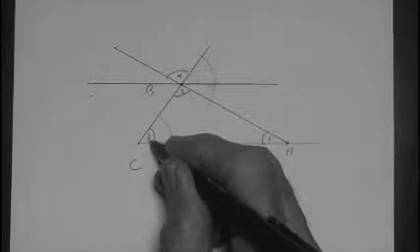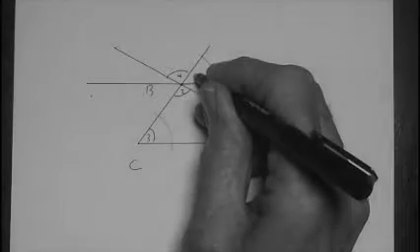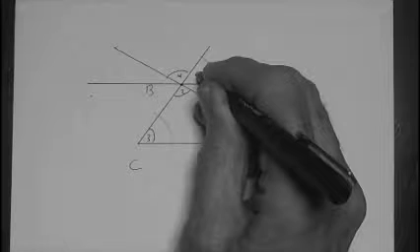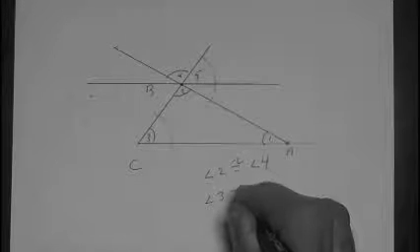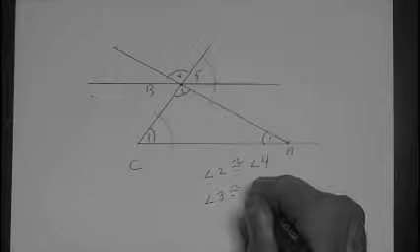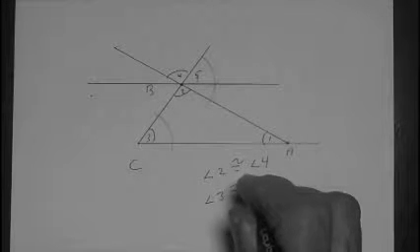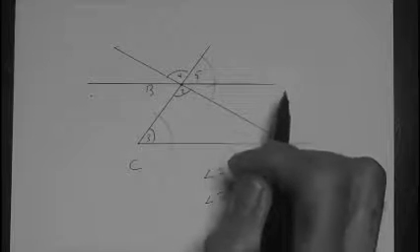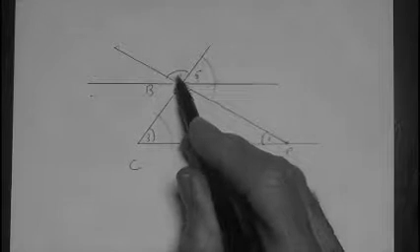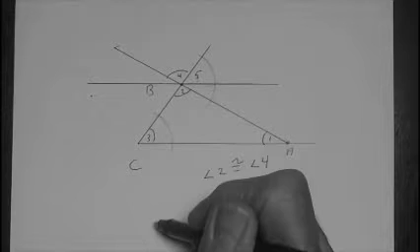And we made this angle the same as that one, so let's call this one angle 5 up here. And angle 3 is congruent to angle 5, because we made them that way. These are the corresponding angles that were equal.